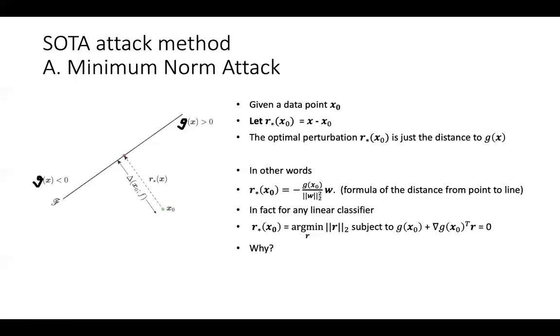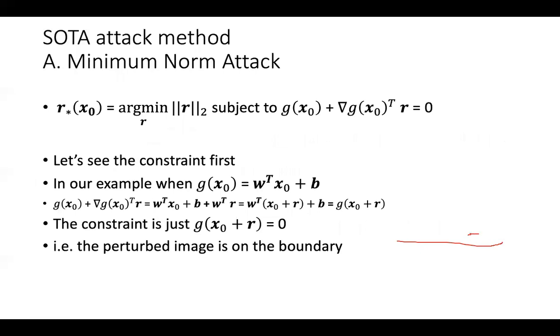But you have to make sure that it at least locates on the boundary. Oh yes. Right. So this formula means that g(x + r). What does this r mean? r is the perturbation. I will explain here. Okay, maybe you keep going. I should stop interrupting you.